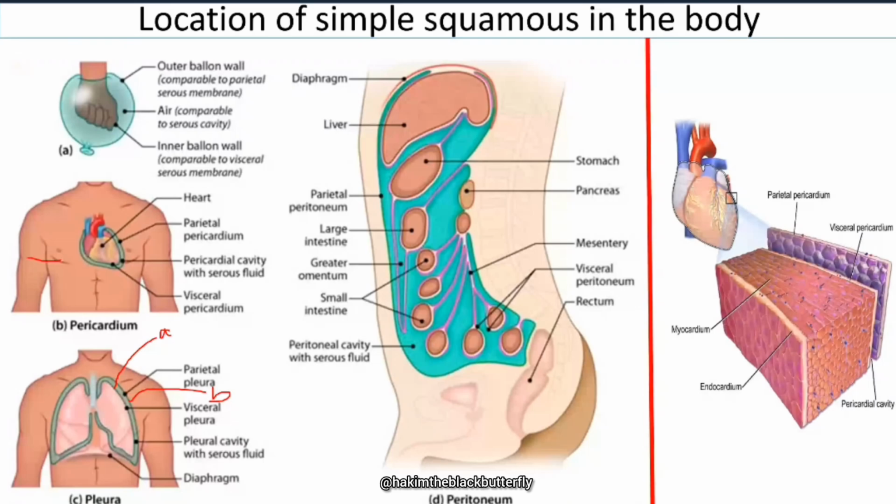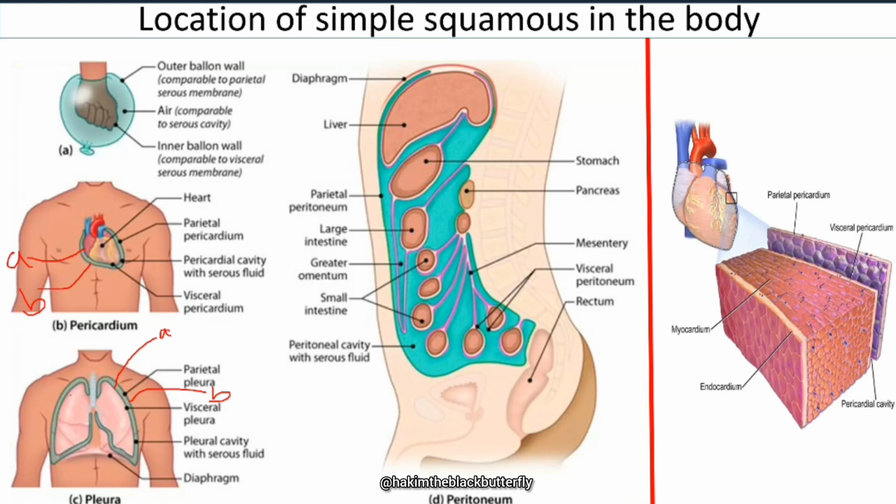Around the heart also you can see that inner layer is layer A, that outer one is layer B. Again, A is known as visceral layer, then B is known as the parietal layer. Visceral means that this layer is around the viscera or the organ, tightly around the organ. Then parietal means this layer is close to the wall, the body wall.